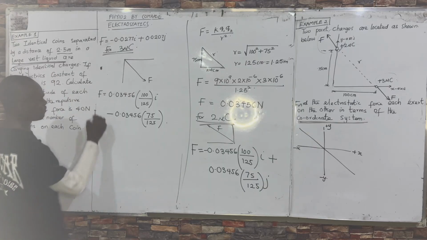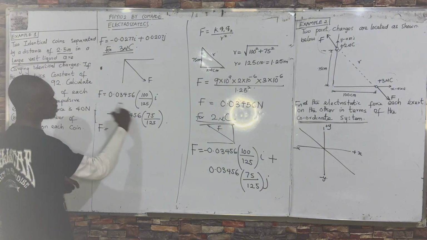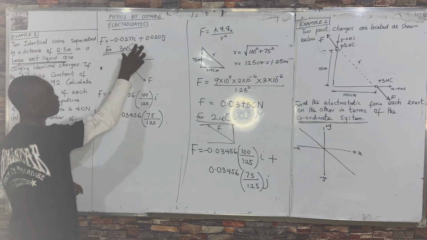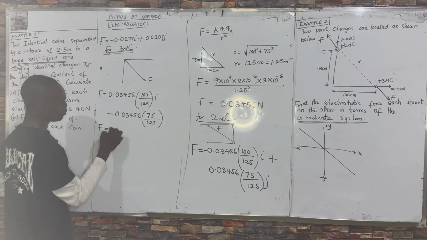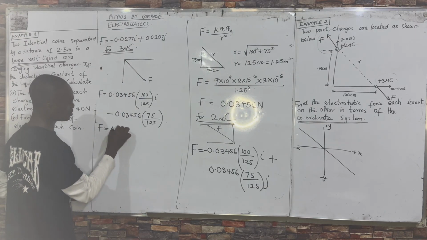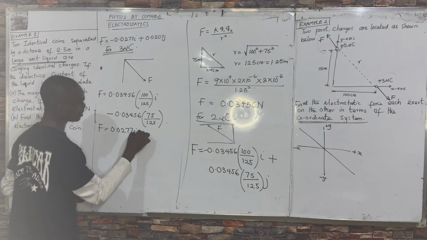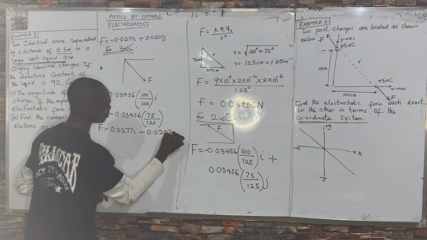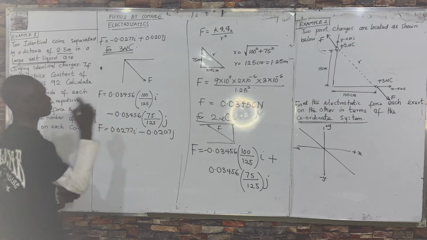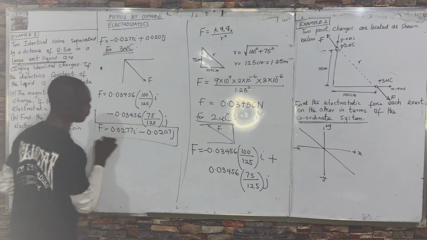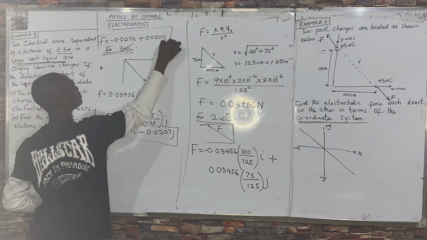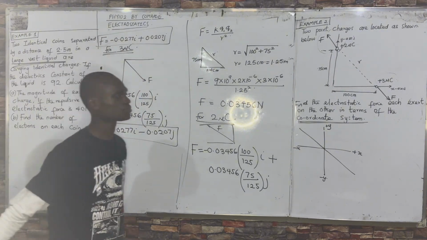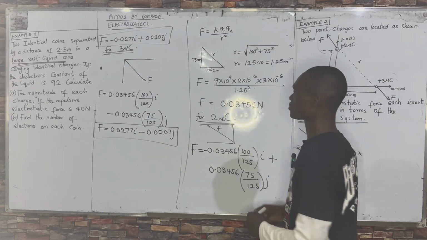Direction. So if I resolve this, I should be getting exactly the same value but opposite direction, which is 0.0277 i minus 0.0207 j. So that is for the 3 and for the 2 microcoulomb.